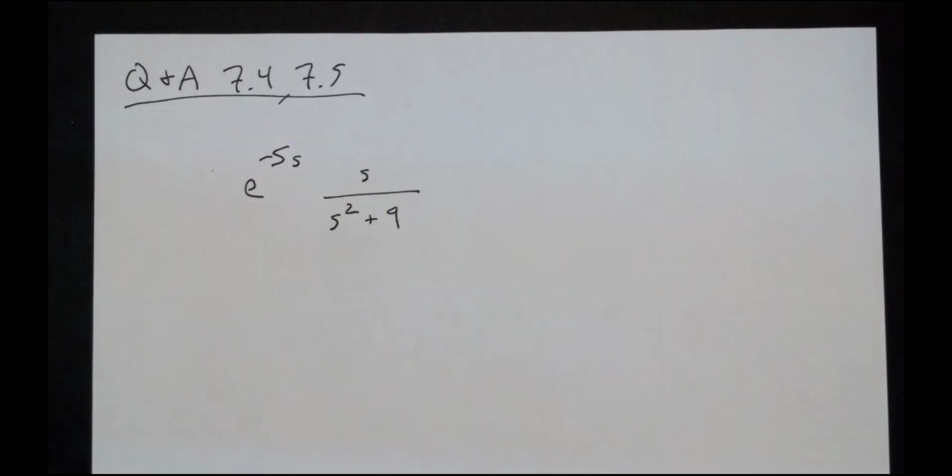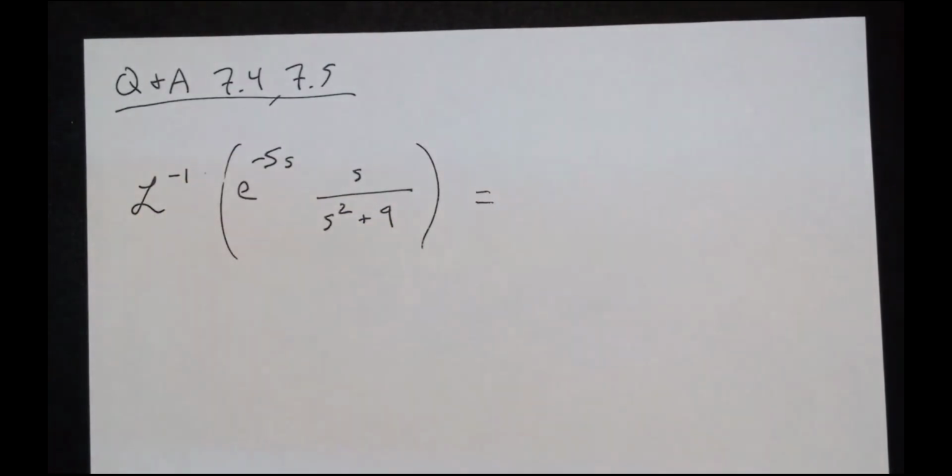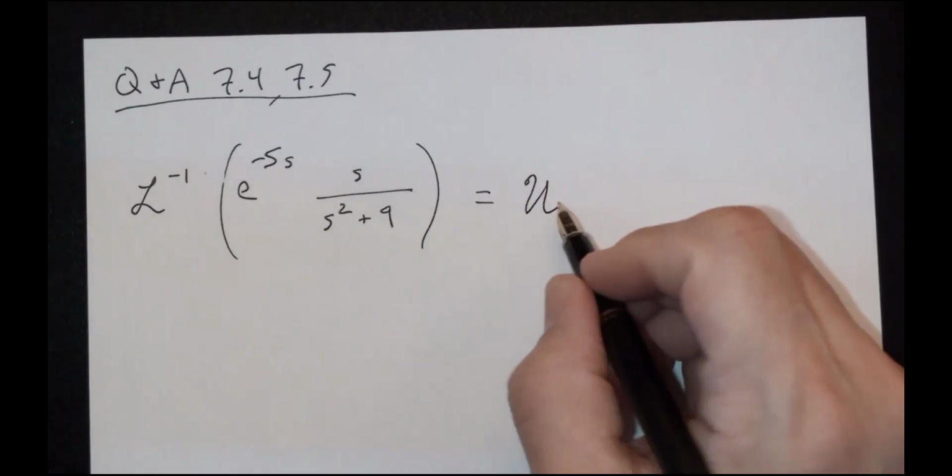Yeah, so when you take the inverse, the cosine inverse, you get u of t minus 5.